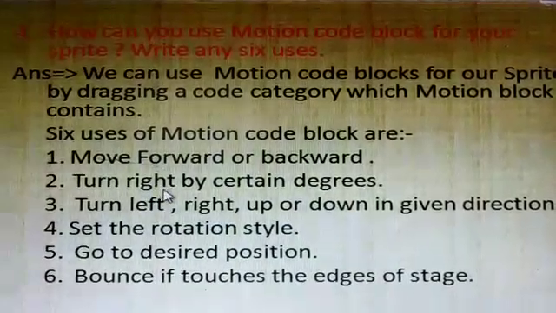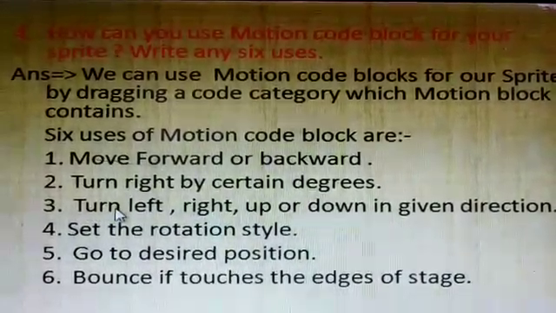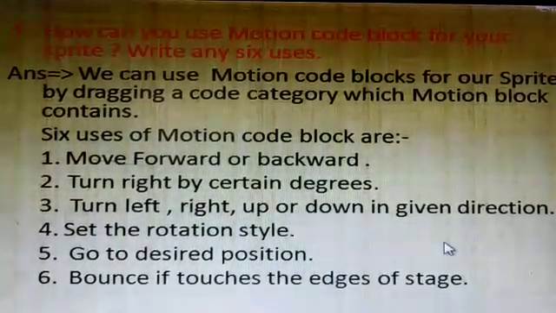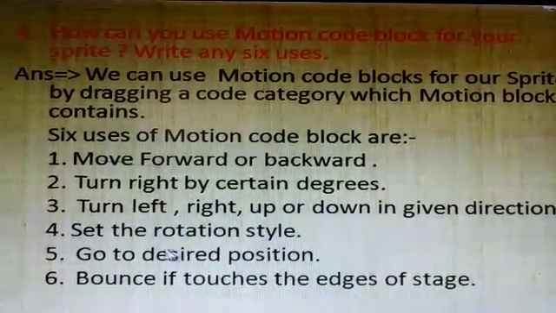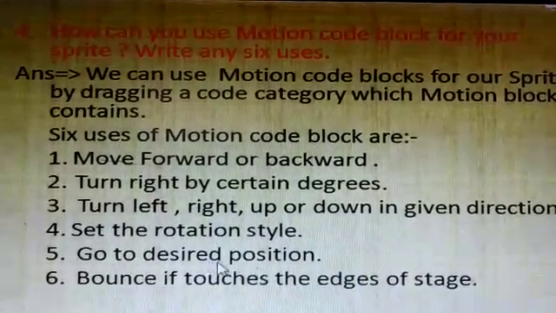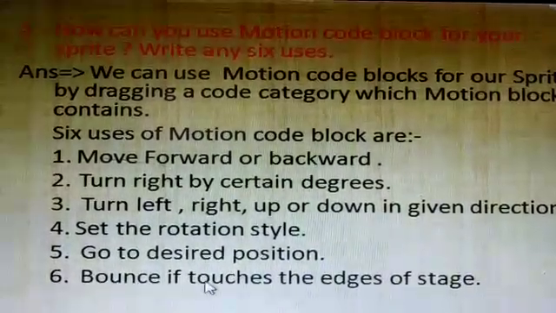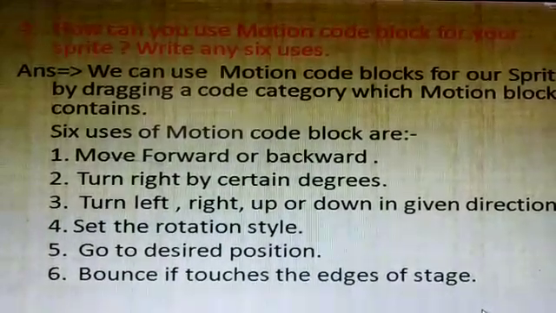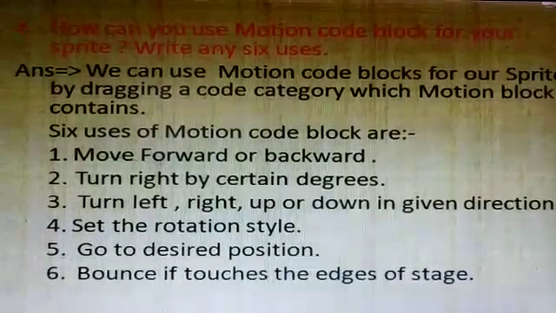Second, turn right by certain degrees. Third, turn left, right, up or down in a given direction. Fourth, set the rotation style. Fifth, go to the desired position. And the sixth is, bounce if touching the edge of the stage. All this we can do with the motion code block.